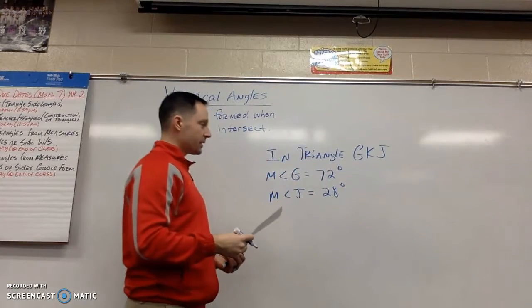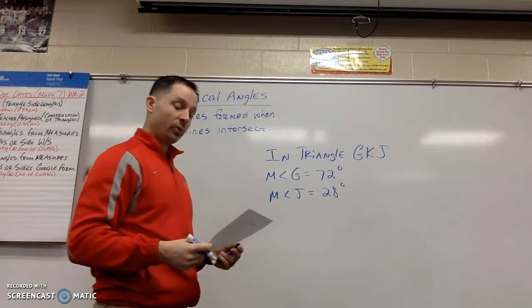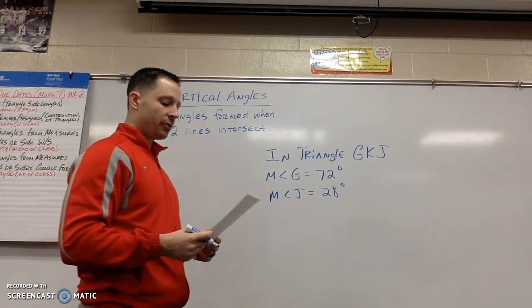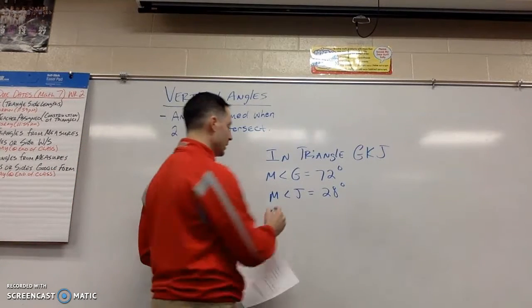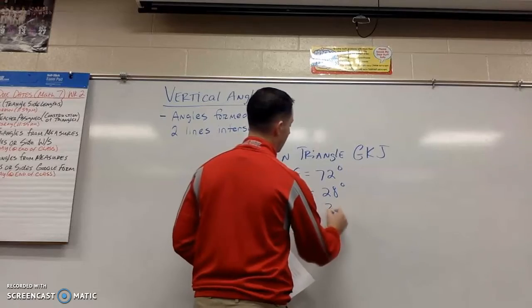And the question says to write and solve, which we sometimes leave out, an equation to find the measure of angle K. So we want to find the measure of angle K.